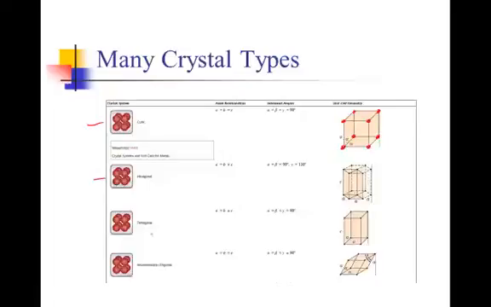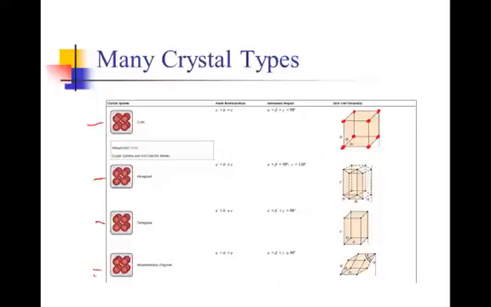We have hexagonal structures, tetragonal, rhombohedral. There's a bunch of other structures listed in your book that I haven't included on the slide here. And then what's more, each of these types has several subtypes within it.